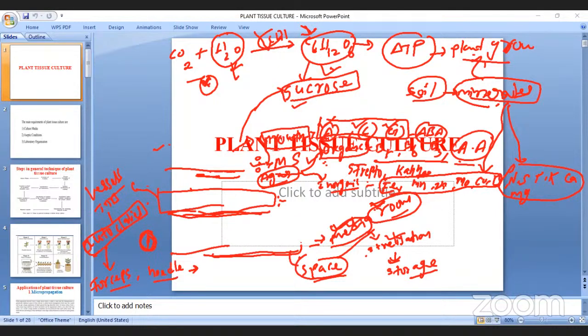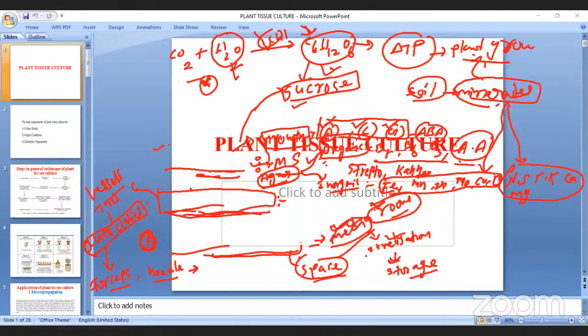If any microbes are present on the surface of the forceps and needle, they should be killed. Next, sterilization of culture media using autoclaving. That is the best method. Finally, we keep it in the autoclave for 15 minutes.